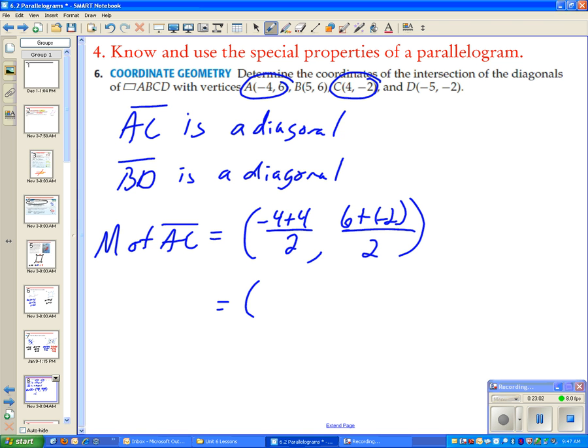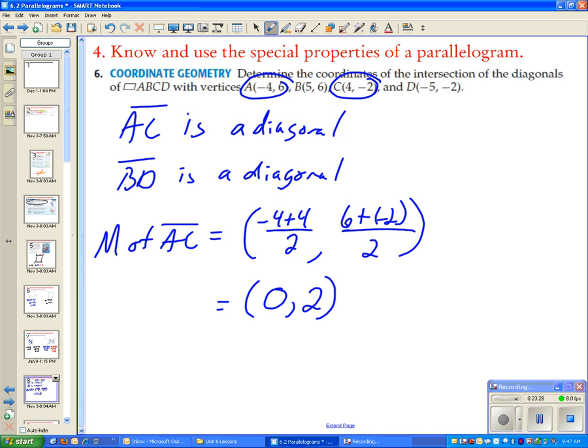Well, -4 plus 4 is 0. What's 0 divided by 2? 0. 6 plus -2 is 4, and 4 divided by 2 is 2. So that's the midpoint of segment AC, which means it's also the midpoint of segment BD, which means that's the intersection of those two diagonals.